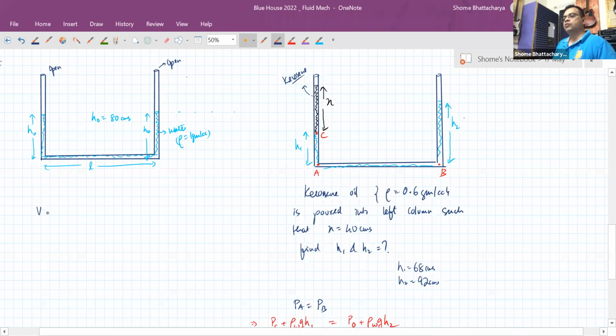Okay, so volume of water, that is in the first diagram 2h0 plus whatever this length is, into some area of cross section. In the second diagram, it is equal to h1 plus L plus h2 into the same area of cross section. So h1 plus h2 should be equal to 2h0.